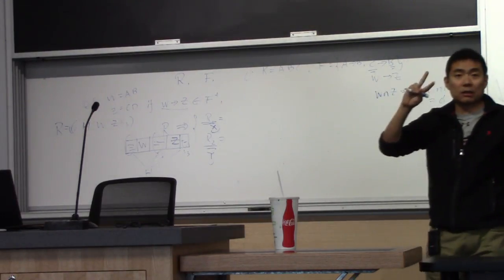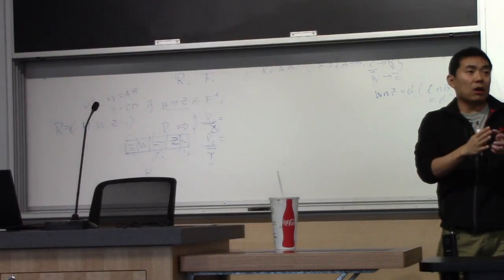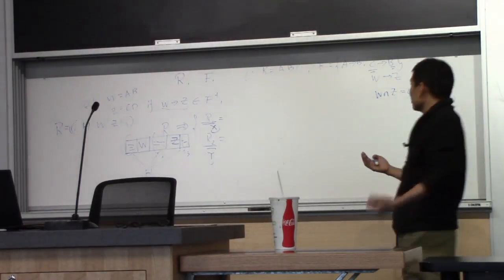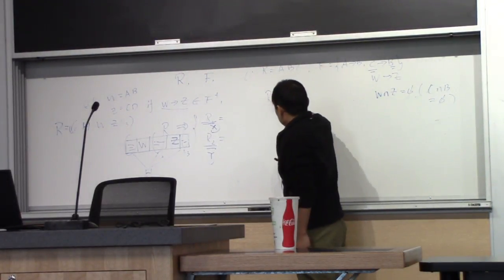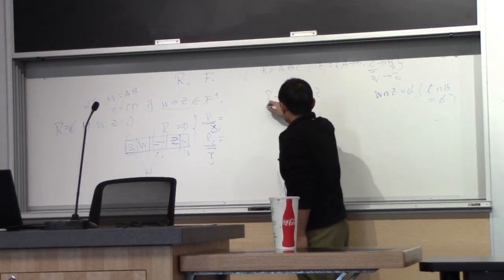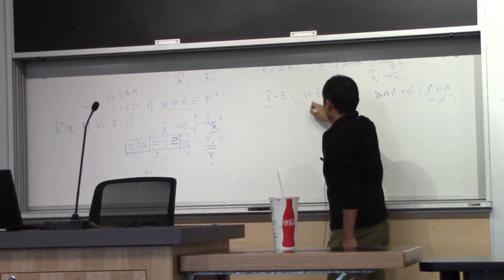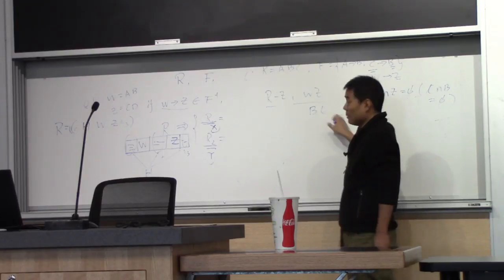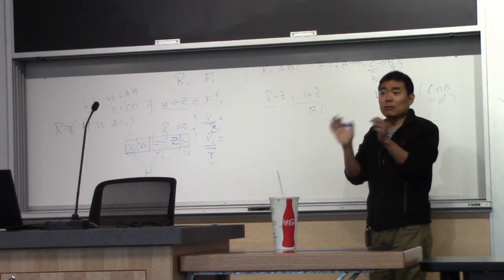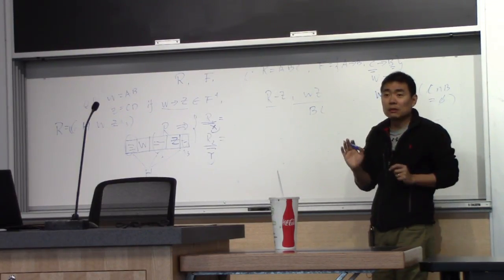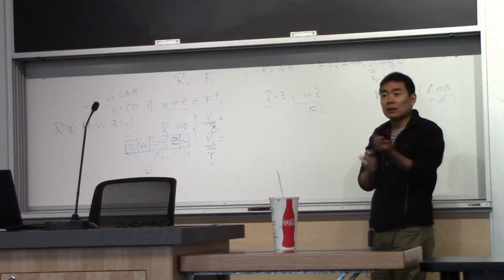So those two conditions hold. So I can apply this operational approach to decompose this, which is R minus Z and WZ, and you substitute this value in. WZ is just BC. Or CB. CB and BC are the same, right? Because for a relational schema, the order of attributes doesn't matter.